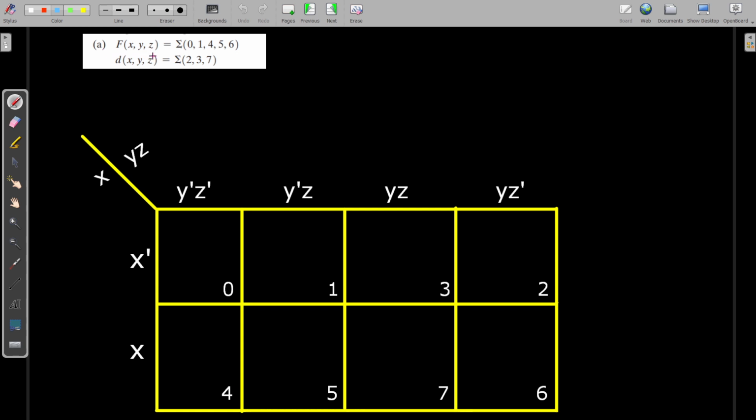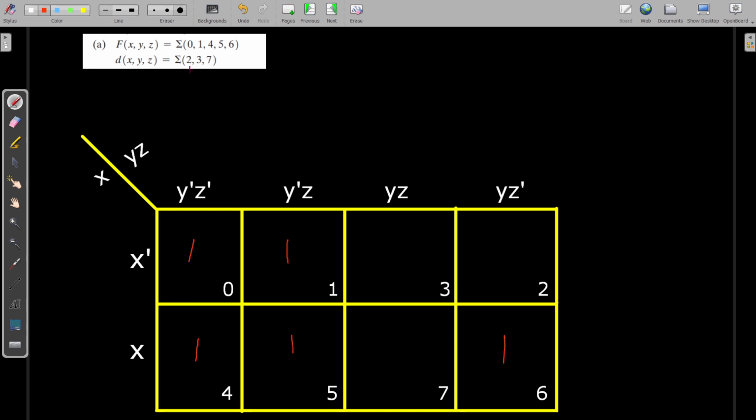A: f of x, y, z is equal to sigma 0, 1, 4, 5, 6 and d of x, y, z is equal to sigma 2, 3, 7. So we first mark the minterms 0, 1, then 4, 5 and then 6.